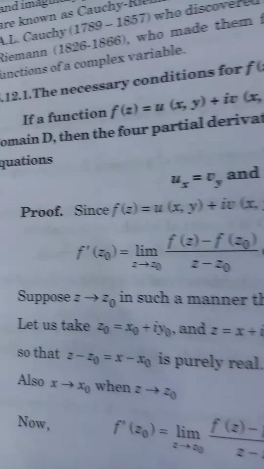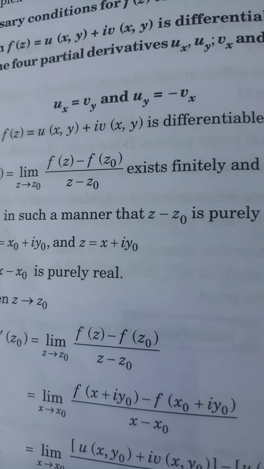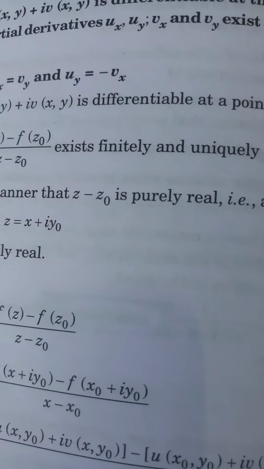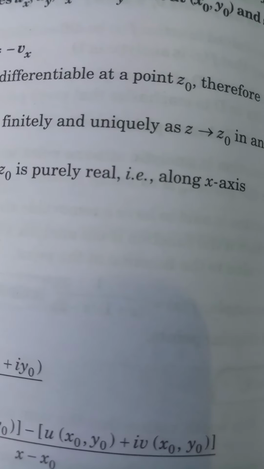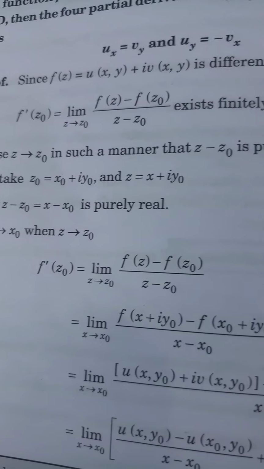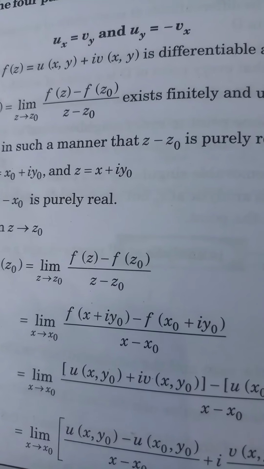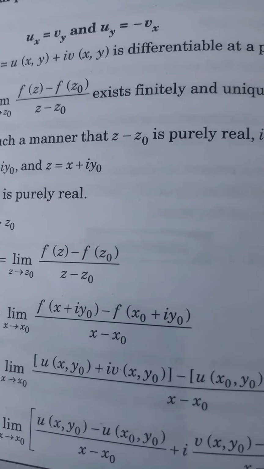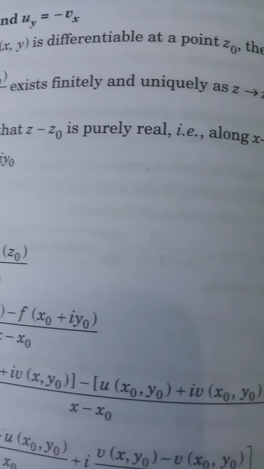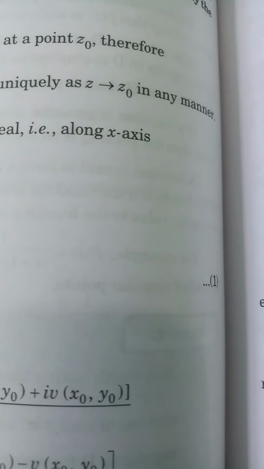Now the proof. Since f(z) = u(x,y) + iv(x,y) is differentiable at a point z0, therefore f'(z0) = limit as z approaches z0 of [f(z) - f(z0)]/(z - z0) exists finitely and uniquely as z approaches z0 in any manner.